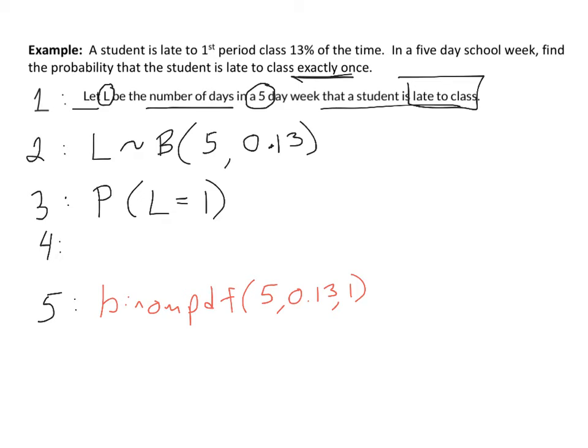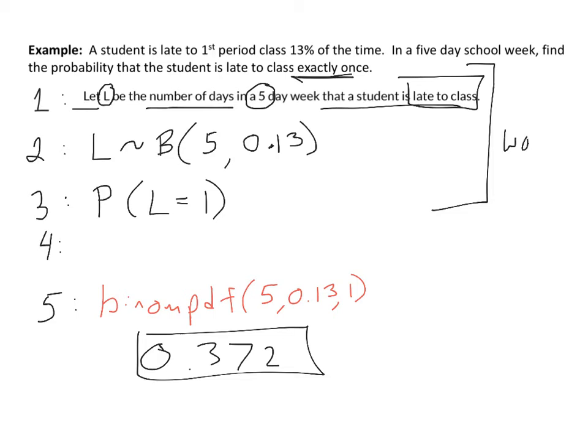All they want to see is that when you went through and did that, that this is 0.372. And that's our answer. So for these problems, literally this is the work, and this is the answer.